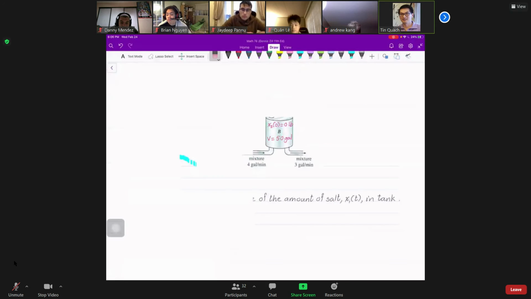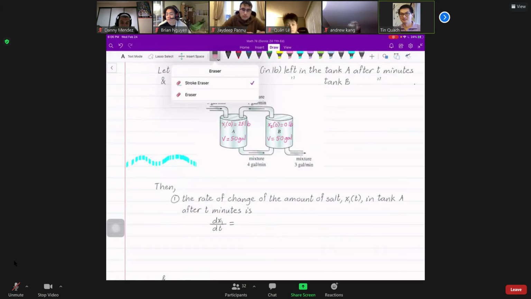Okay, so at this moment, you can see that in the tank here. Let's take care of tank number 1 first. So tank number 1, you have 0 pounds of salt coming in for every gallon. Now, when it comes out, you have to be careful here.